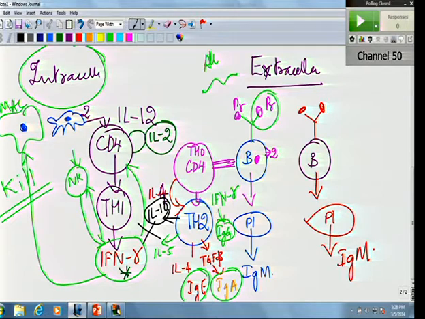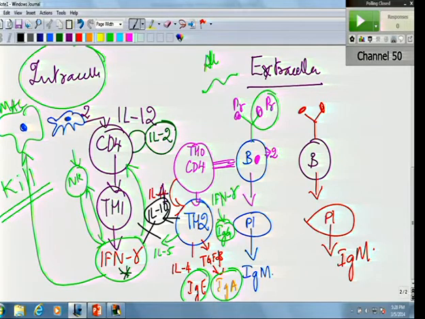Then we don't have 9. 10, produced by Th2, inhibits the Th1 pathway. So it is also known as an anti-inflammatory cytokine because it inhibits Th1. Then interleukin 12, it's also a Th1 cytokine produced by antigen presenting cells and also produced by, in this picture, macrophages.